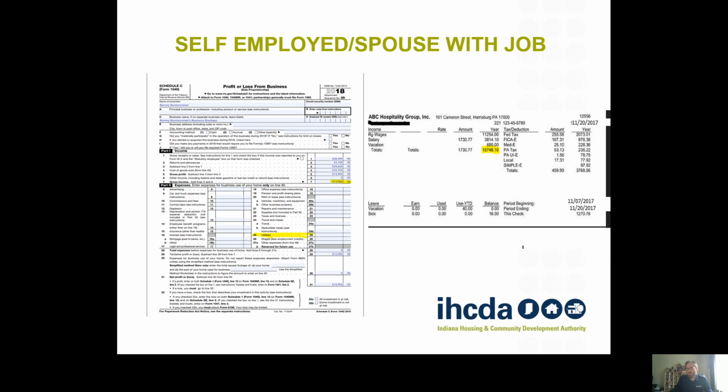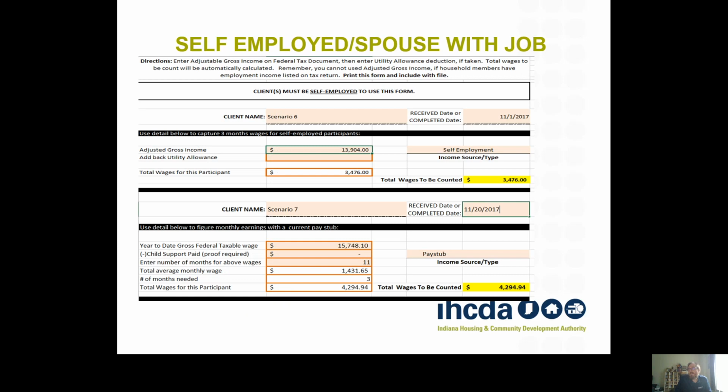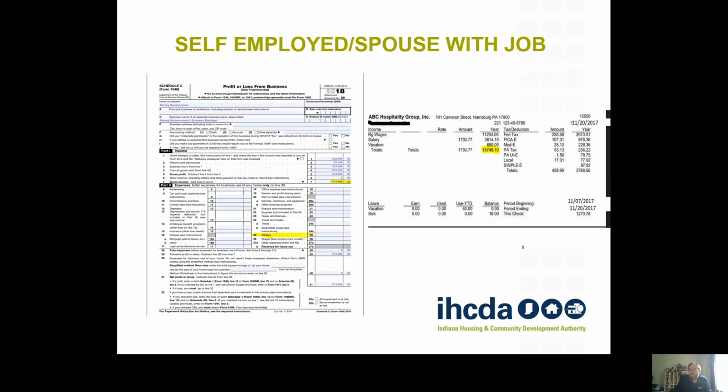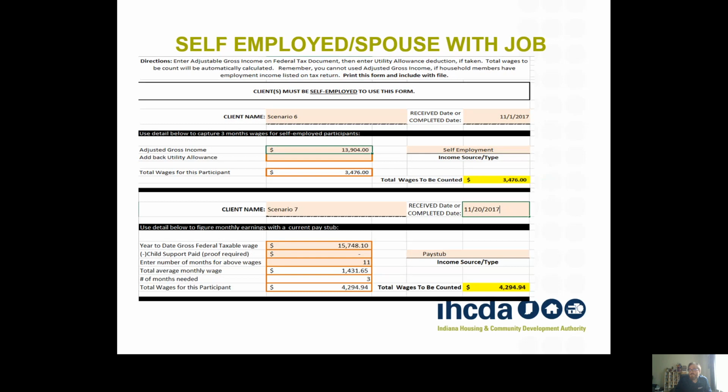Well, it's one reason why we're not just using the AGI for the household. But we really do need to capture the income for both, or for all adults rather, within the household. And here is that scenario that was on this previous page being put into an income calculation worksheet.